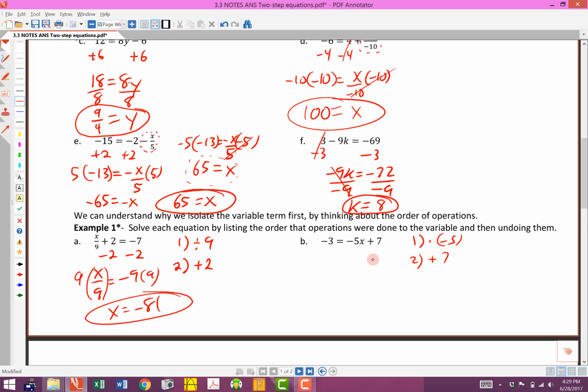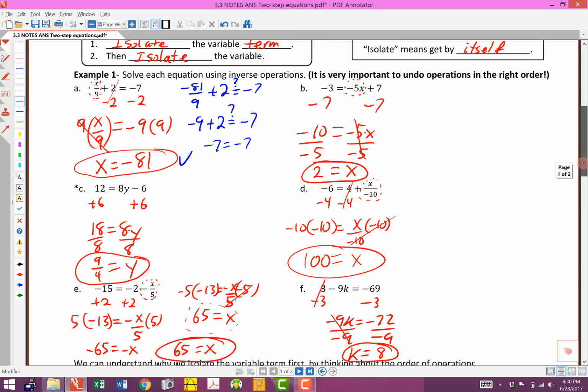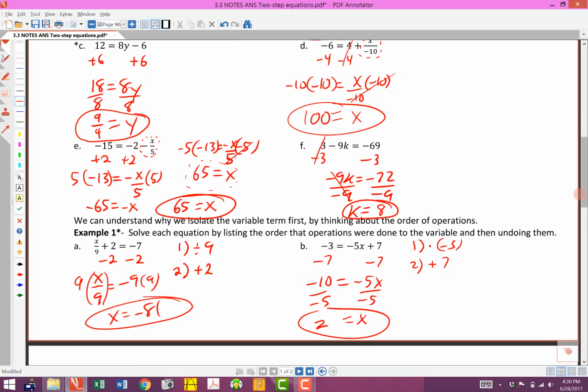So we're going to undo adding 7 by subtracting 7. So this is negative 10 over here. Those cancel each other out, so we get that negative 5x. And then we're going to divide both sides by negative 5, because that's going to undo timesing by negative 5. So we get x equals 2 here. Same answer as we got up above. We can kind of take a look at that and make sure, yep, got those right. But that's kind of why we isolate the variable term first.